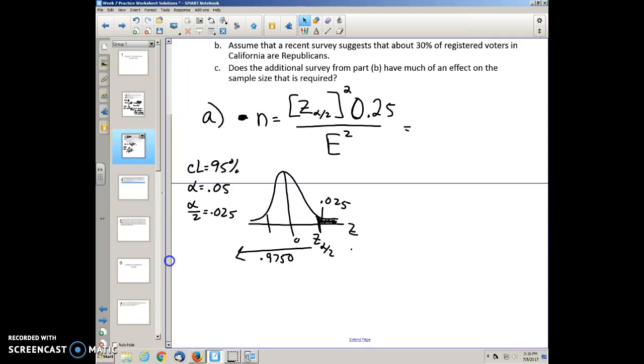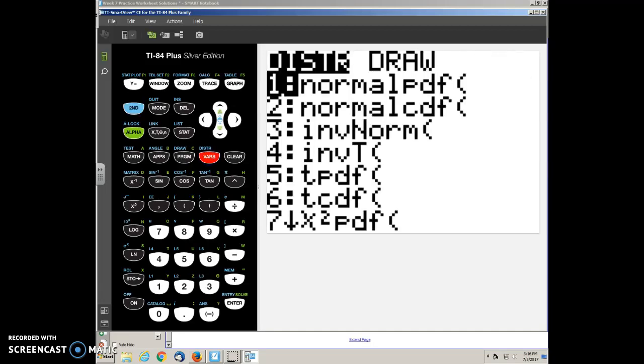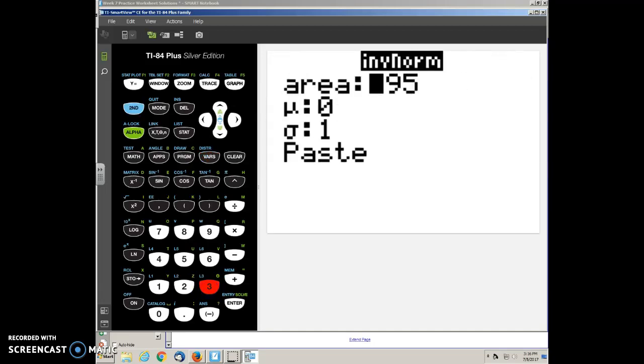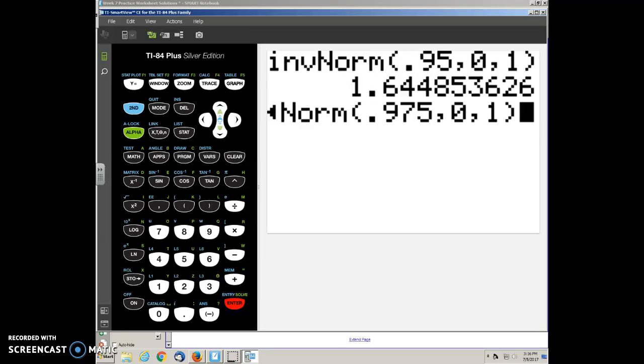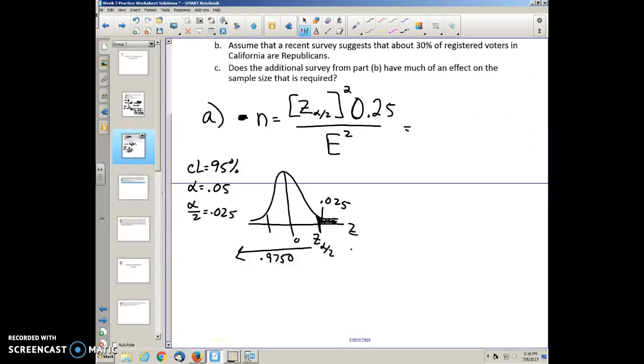So we can use inverse norm to find that. And we want 0.975 this time. So 1.96, which is the value the table would give as well. So 1.96. So that's called the critical value of Z.